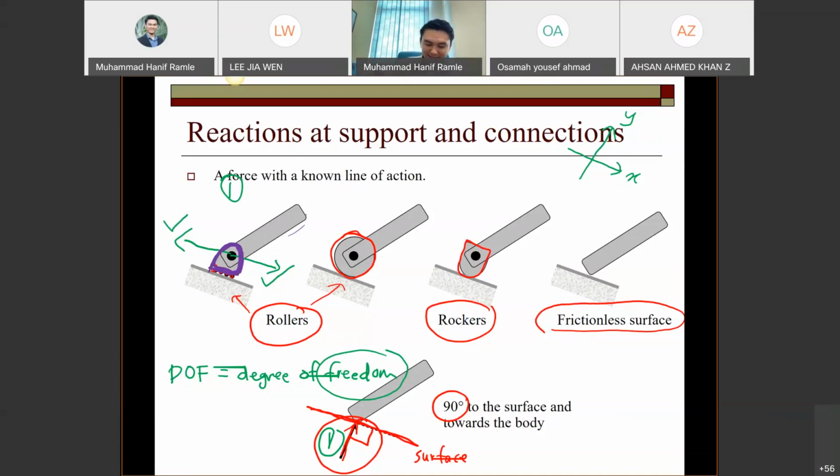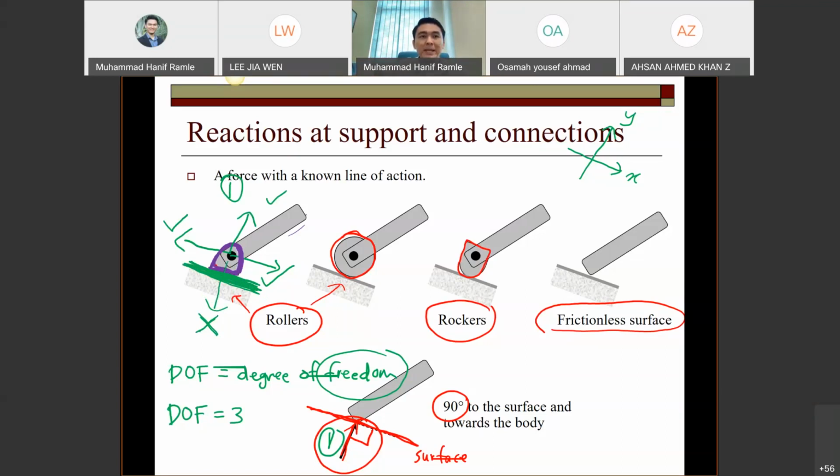Yes, upward, like this. So for this system, the DOF is 3. The purple body cannot go down, because we have this surface. You can lift up the purple body and move it left and right, but you cannot push it downward, because of the surface.